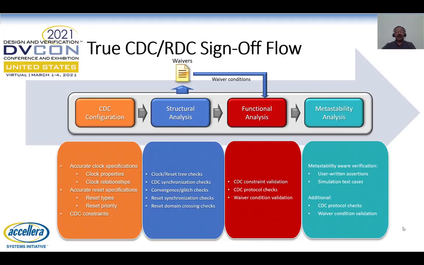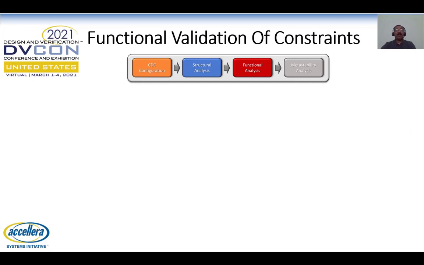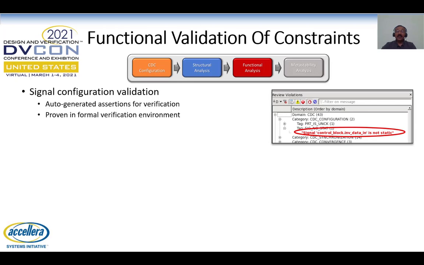Now let's see how you can achieve true CDC RDC sign-off with the JasperGold CDC app. When we talk about augmenting the conventional CDC methodology with functional analysis, the first thing we do is to validate the constraints. JasperGold CDC is capable of automatically generating assertions to validate the constraints, and since it is proven in a formal environment, it adds to a greater confidence.